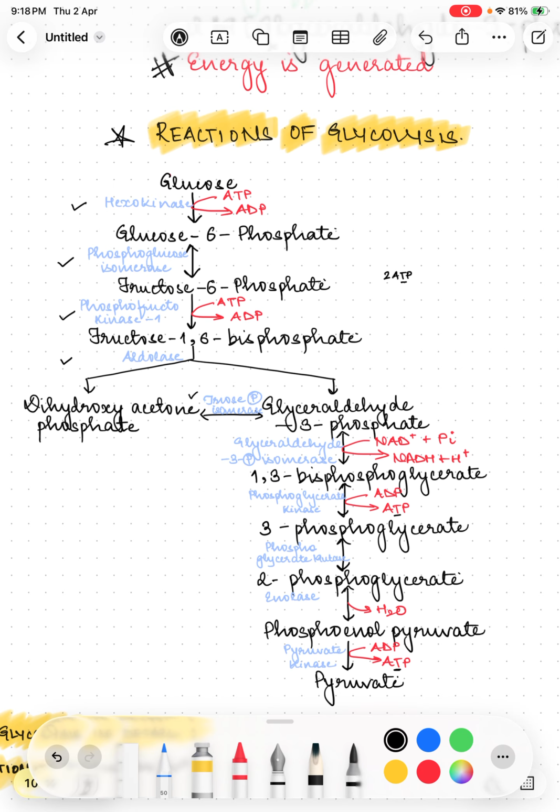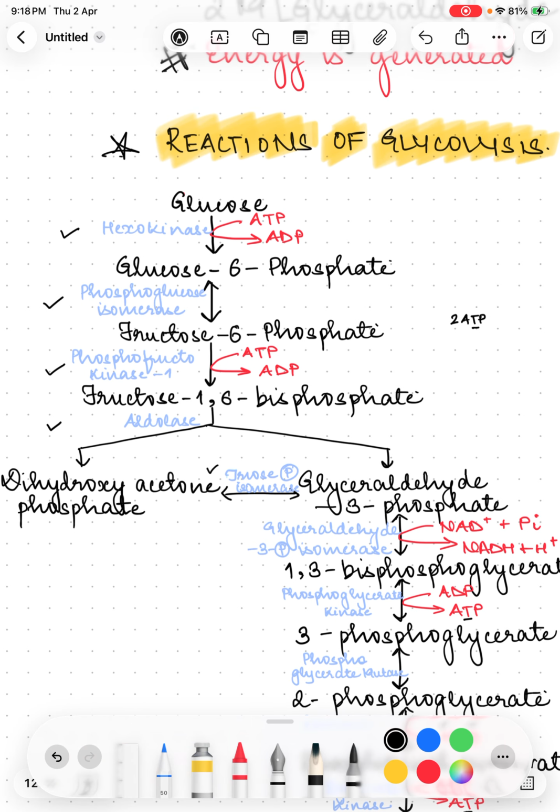So first, in the first reaction, one molecule of glucose gets phosphorylated into glucose 6-phosphate with the help of the enzyme hexokinase, and during this reaction, one molecule of ATP is utilized. In the next step, glucose 6-phosphate gets isomerized into fructose 6-phosphate with the help of the enzyme phosphofructose isomerase.